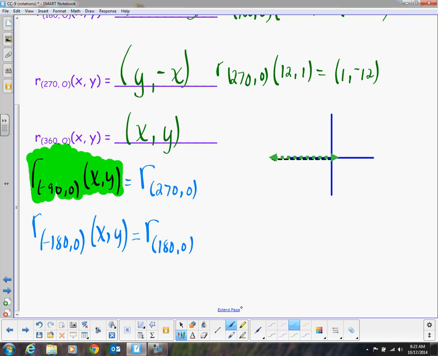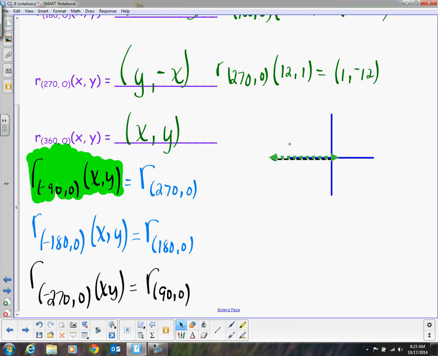And again, I probably won't give you that one. But I will give you this next one. If we want to rotate now a negative 270 about the origin, 90. How'd you all know that without seeing it? It is a 90. So yeah, so now look, let's go back over here.